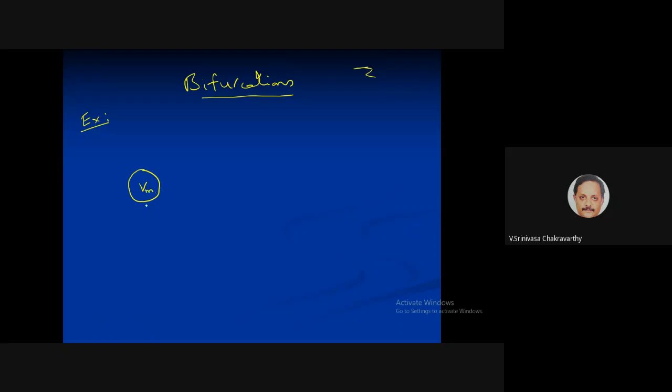And this quantity Vm, in a normal neuron in what is called a resting state, is simply a flat line, typically about minus 70 millivolts. So this is Vm.